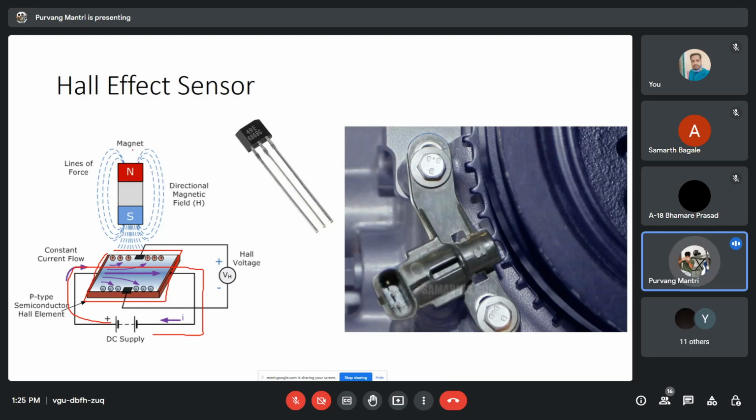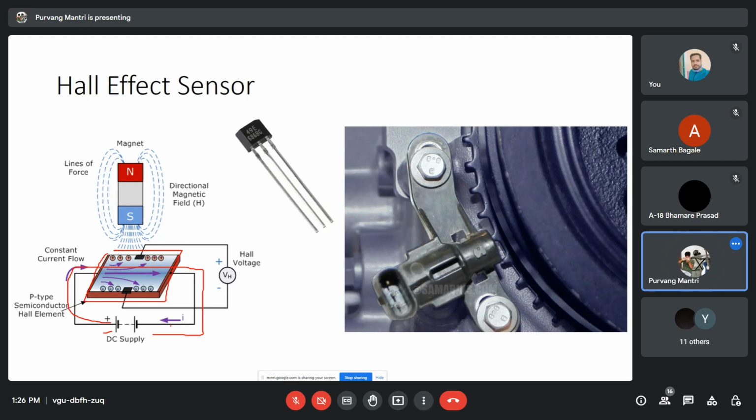But as soon as we bring a magnet near it, it will attract the positive and negative ions on other ends, and thus it will increase its resistance. As the resistance increases, the input current or voltage gets reduced at the output, and by measuring this change in voltage, we can tell whether a magnet was nearby or not.